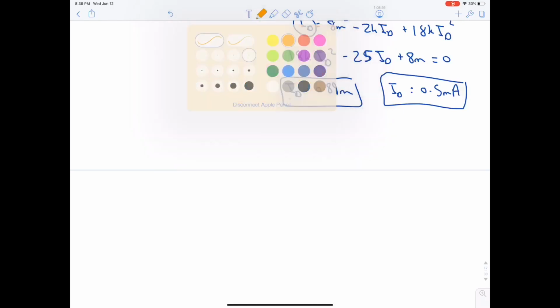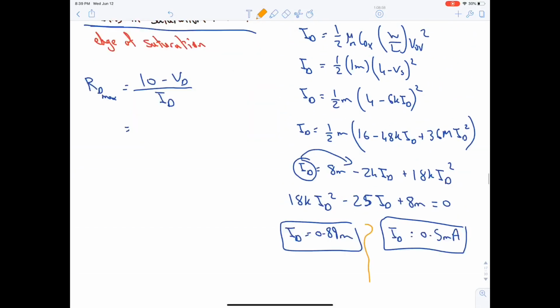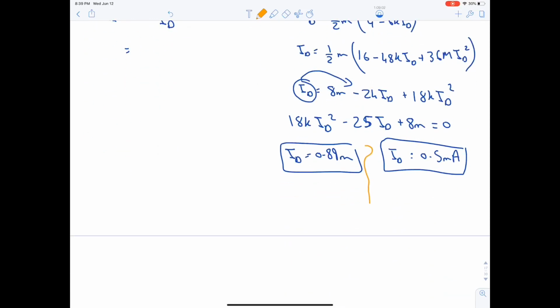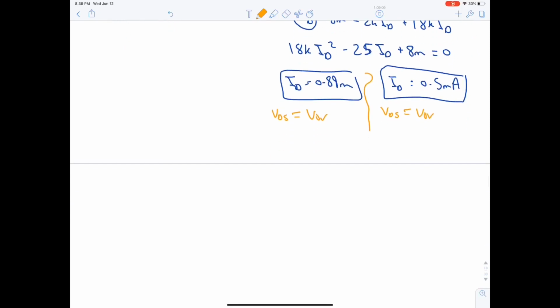Now, here we are in edge of saturation, correct? In edge of saturation, we know that VDS is equal to VOV. VD minus VS is equal to VG minus VS minus VT. VS and VS, they cancel each other out.